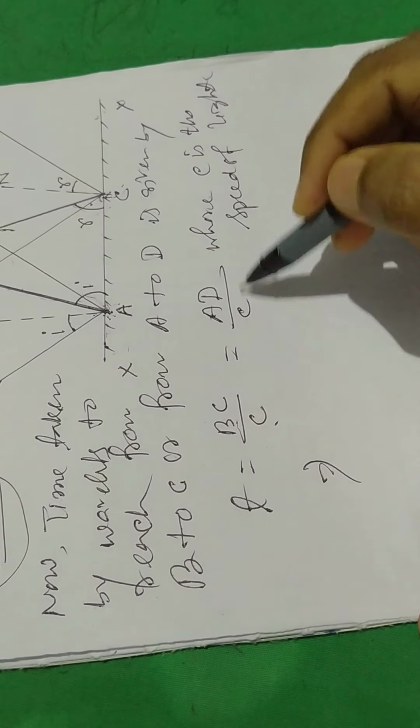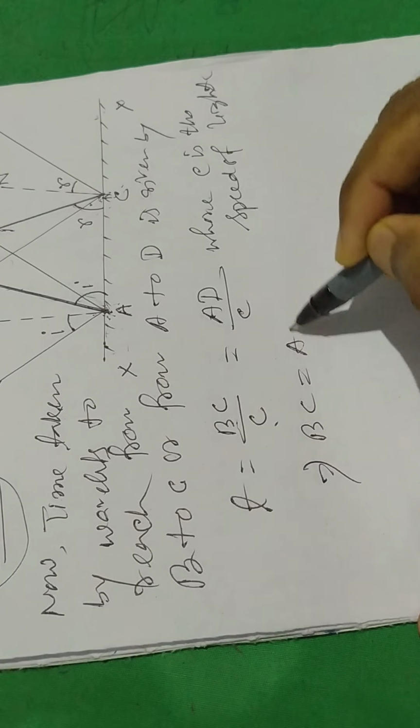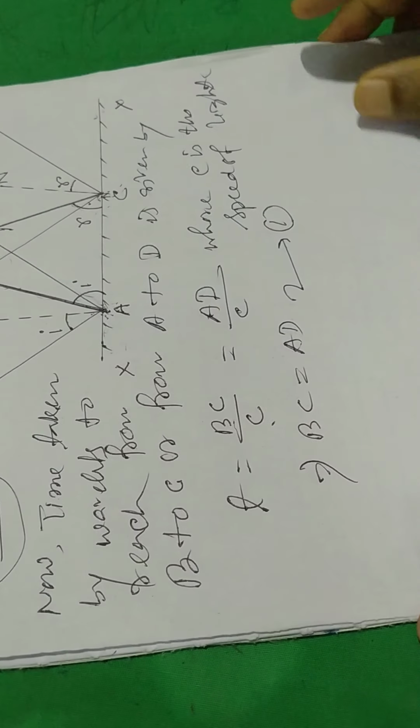So here c cancels, so BC equals AD. Let's give this equation number 1.